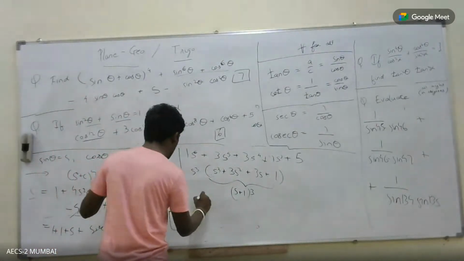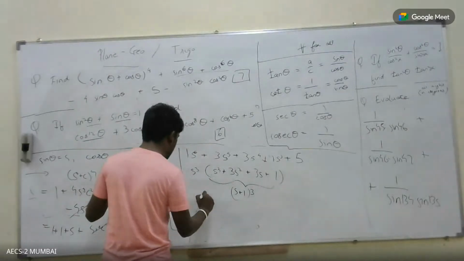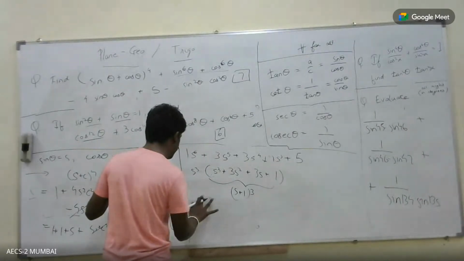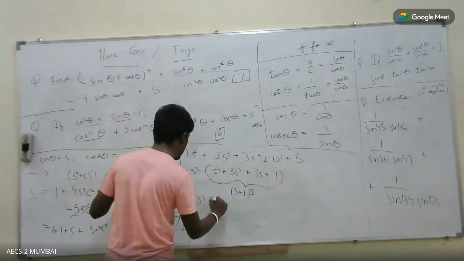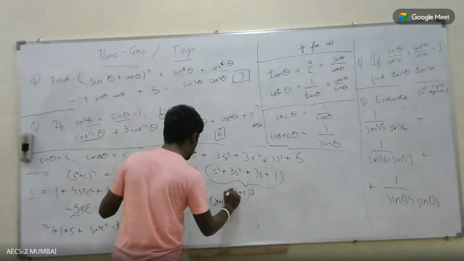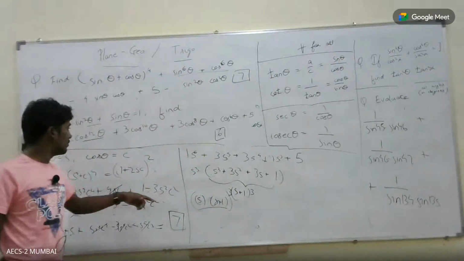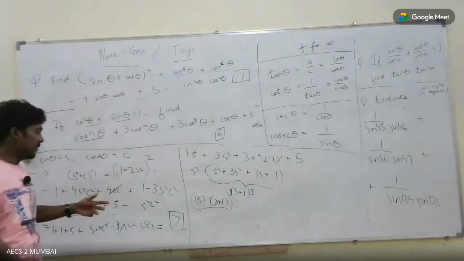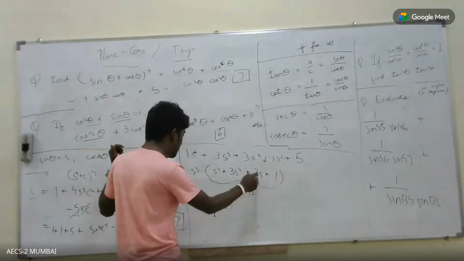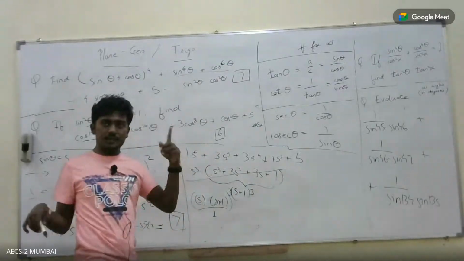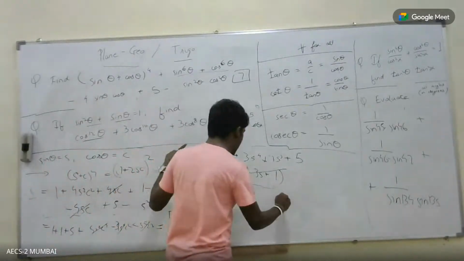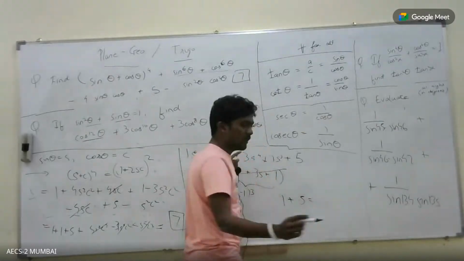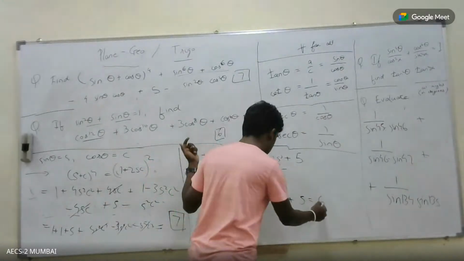Couple this with this, what do you get? s² into (s plus 1) the whole cube. What is s into (s plus 1)? s² plus s, and what is that equal to? 1. Perfect. So we get that this entire thing simplifies down to just 1. So we are left with 1 plus 5, which is equal to 6.